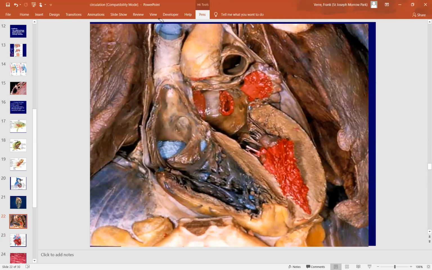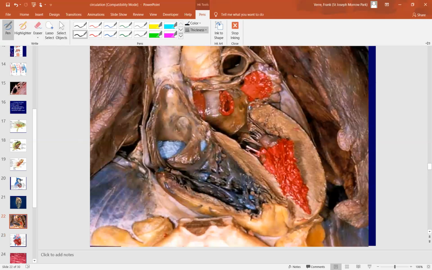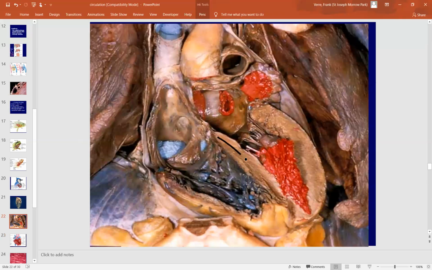You'll notice that here on the left, again, here's that wall in between. So this is the left side, and this is the right side of the heart. You'll notice that there's all this red. Now, what does red mean? Red means oxygen-rich blood.